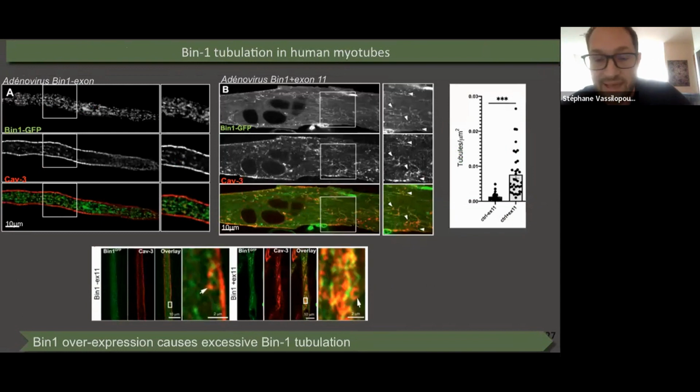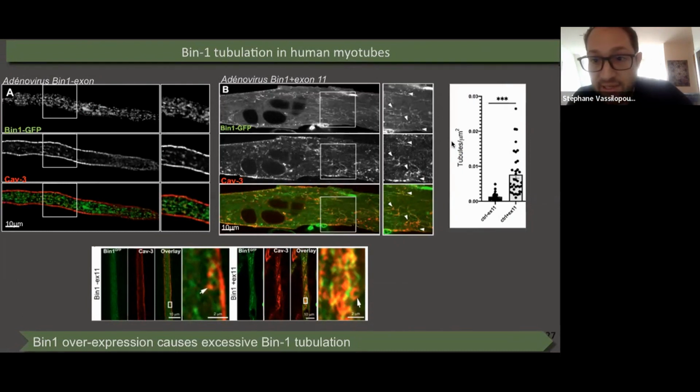It's always what helps us figure out what's going on, but we now wanted to go to another step, which is to test how functional we could analyze this mechanism. So we did the experiment where we overexpress Bin1 in cells, but we express the isoform which lacks the capacity to tubulate, lacking this exon 11, or we overexpress the exon 11 expressing Bin1.